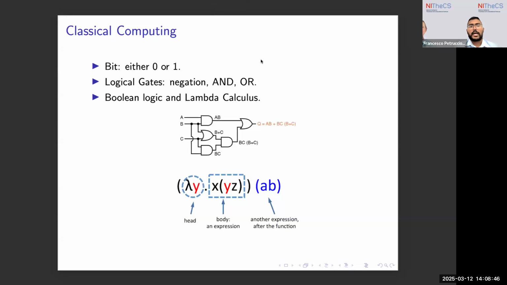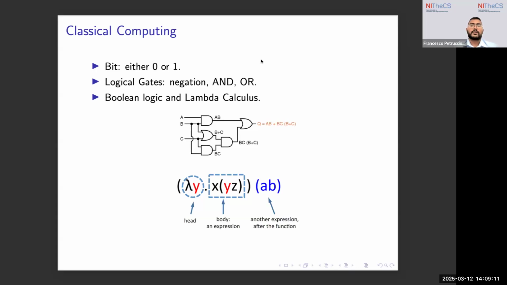How is this different from classical computing? Just to recall that for classical computing, we use bits, whose state can be either 0 or 1. We have logical gates. Some examples are negation and an OR gate. And it actually turns out that any logic gate can be formed from some combination of these. So we term this a universal set of gates.